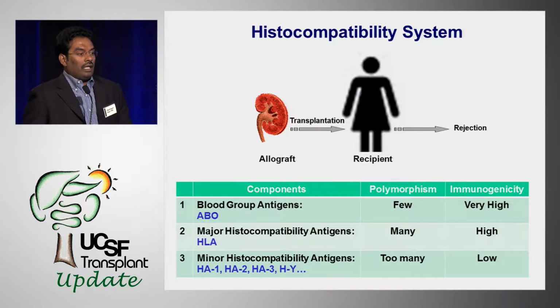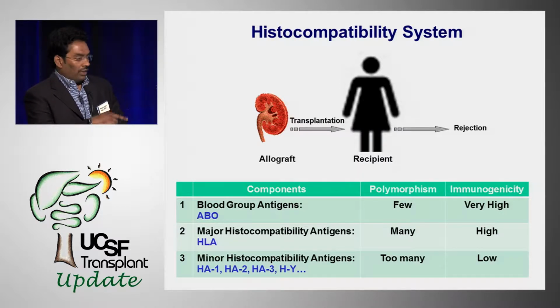It has three major components. We know this. The blood group systems, which is the very simple ABO group. Then the major histocompatibility system, which are HLA molecules. And the last one is the minor histocompatibility system, which is any amino acid difference between two different individuals.